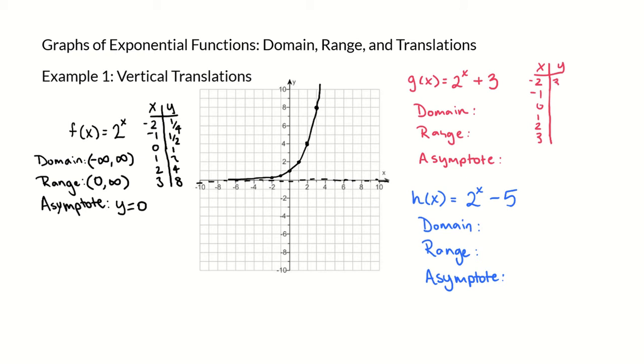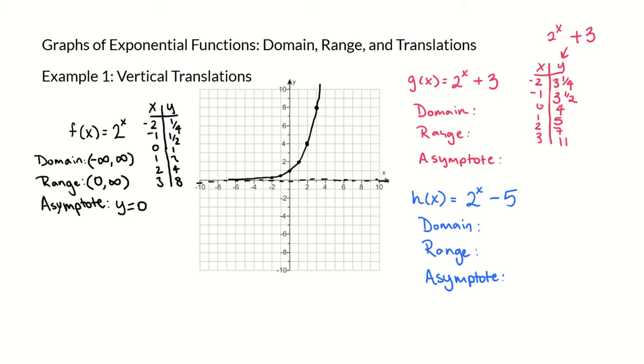So -2 and 3 and 1/4, -1 and 3.5, 0 and 4, 1 and 5, 2 and 7, and 3 and 11. So these were obtained by taking the y values of 2 to the x and then adding 3 to them.